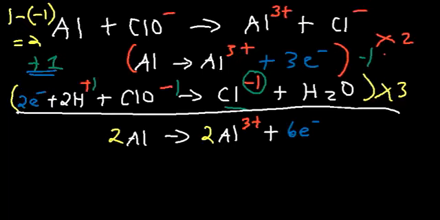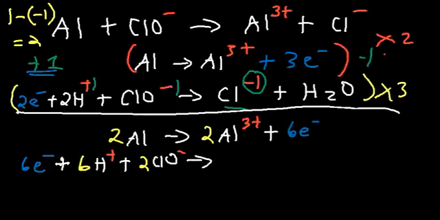On the bottom, we have 6 electrons plus 6 H+ ions, and 2 hypochlorite ions, yielding 3 chloride ions and 3 H2O molecules.